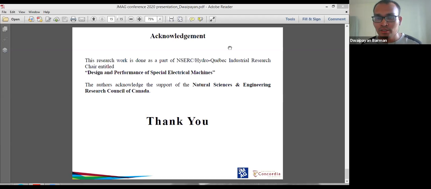So for the same machine, same strength and same dimension of permanent magnet, the output power of the machine will go down, and so efficiency will decrease, as well as power density will also decrease. Yeah, thank you.